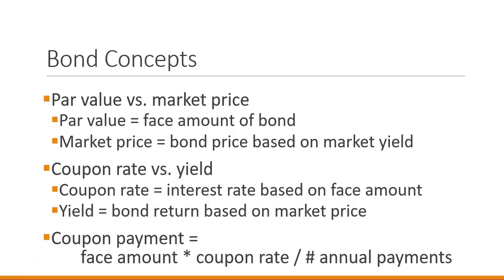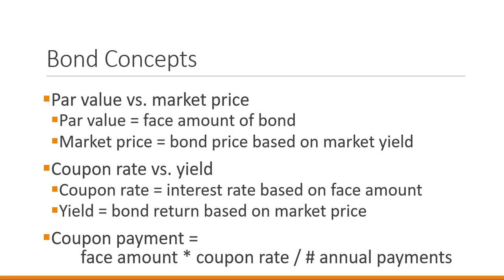The yield, in comparison, is the bond return based on market price, and we'll see later how yield and price relate to one another. But note here that the coupon rate does not change, but the yield will almost continually be changing because market rates are almost continually changing.